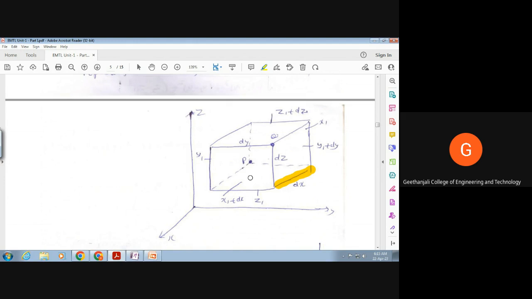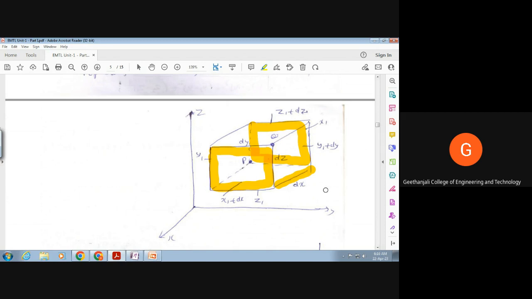For that, if you look at the front surface and the back surface, the front and back surfaces are lying in the YZ plane. That means x must be constant. So between these 2 surfaces, one should represent x is equal to x1 constant, the other should represent x is equal to x1 plus dx constant.